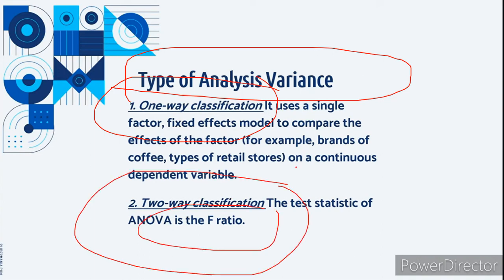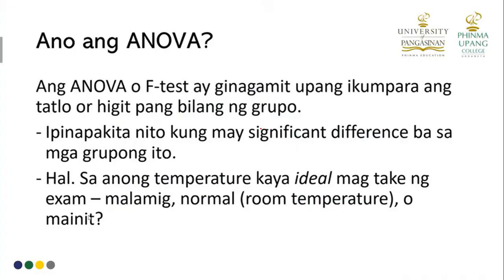So, along the way, magsusolve tayo ng ganyan. Ang ANOVA or F-test ay ginagamit upang ikumpara ang tatlo or higit pang bilang ng grupo. Kung sa research ninyo, ang inyong research is all about the temperature inside the class, kung ideal ba mag-take ng exam, kung malamig ba or normal, or mainit.